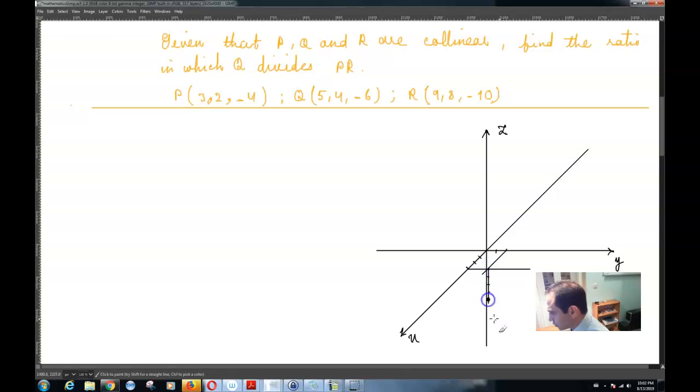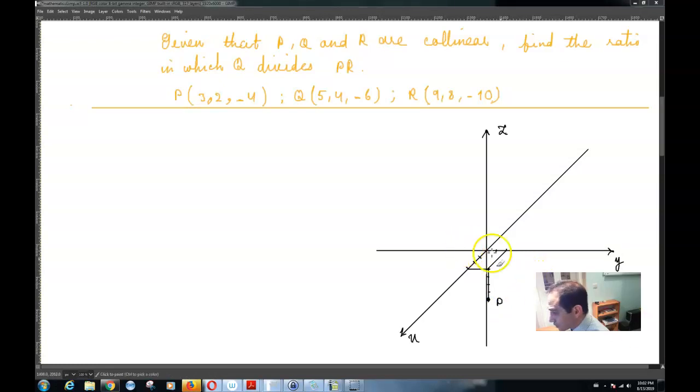So this point would be point P, which is somewhere in the 5th octant down there.